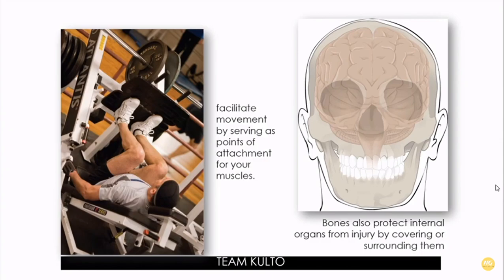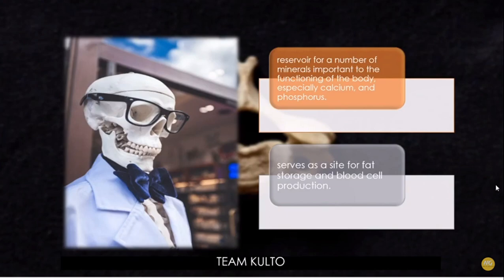Now, mineral storage, energy storage, and hematopoiesis. On a metabolic level, bone tissue performs several critical functions. For one, the bone matrix acts as a reservoir for a number of minerals important to the functioning of the body, especially calcium and phosphorus.